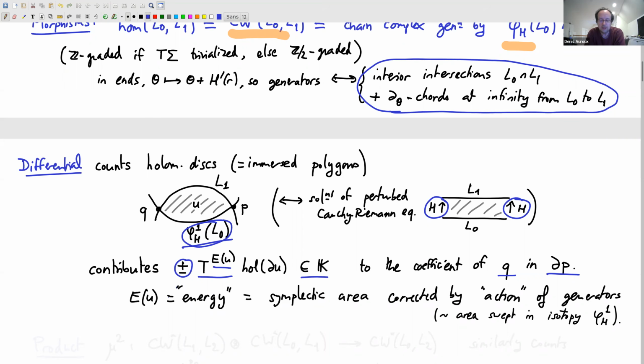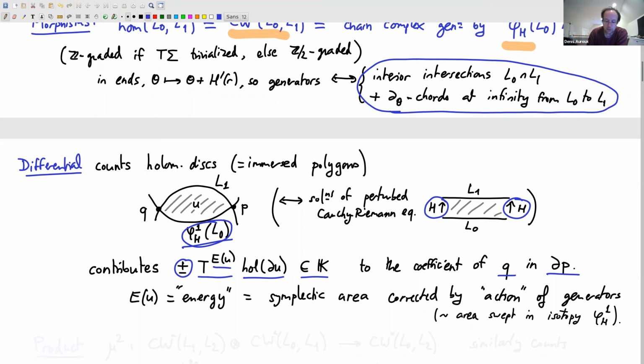The energy in the usual setting would just be the symplectic area, the integral of the symplectic form on our disk. But we correct it by some amount called the action of the generators, which is basically the area swept in the Hamiltonian isotopy that brought the Lagrangians to whatever positions they were in.